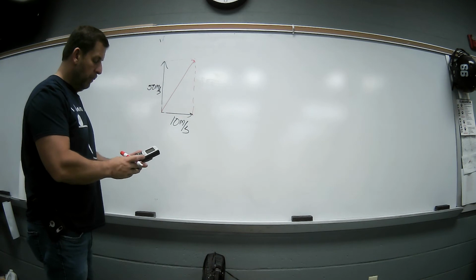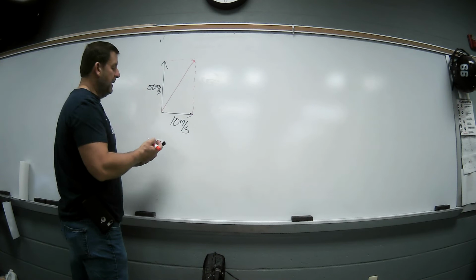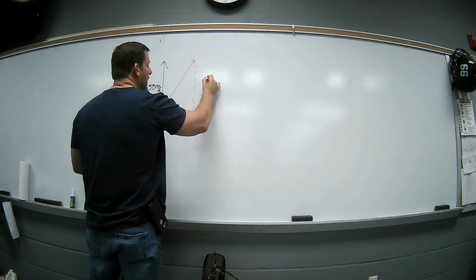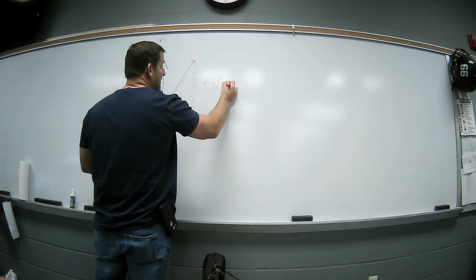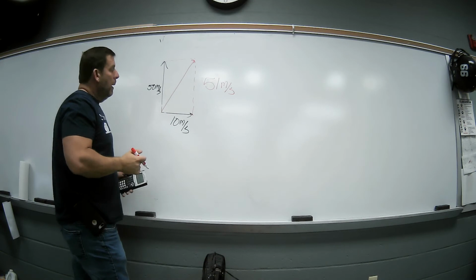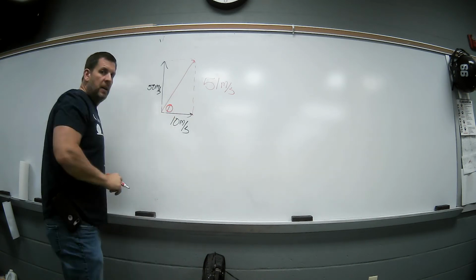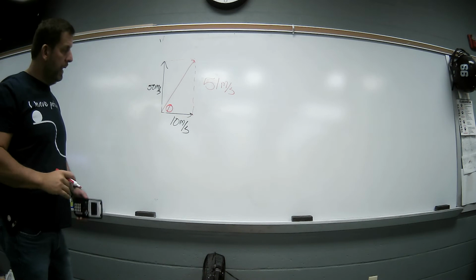And then I'm going to square root that. And I'm going to go one place past the decimal. I get 51. Guess what? The plane is actually going to be going 51 meters per second. But now I need to find the angle. I need to find that angle, okay?